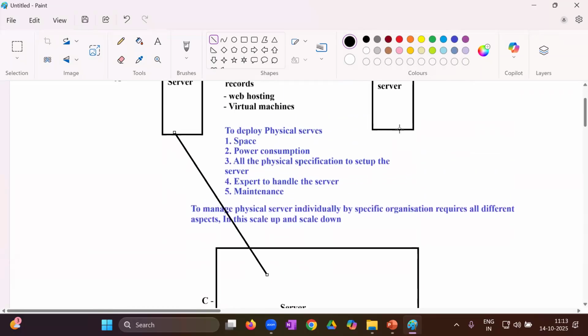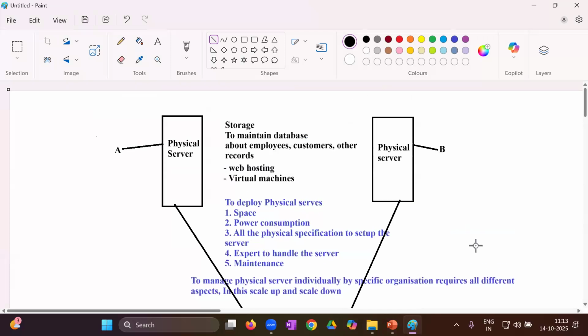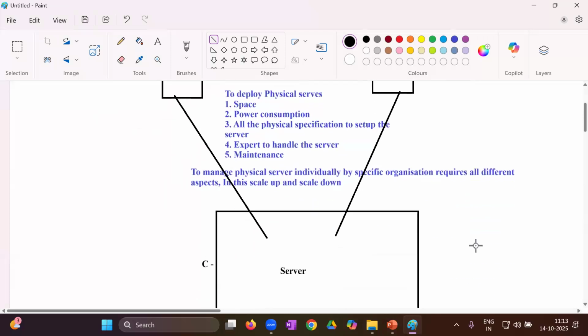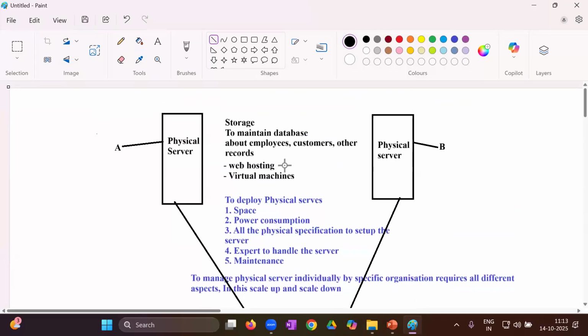Same, it will tell B also that you can do the same thing. Instead of having your own physical servers, you can use my server for hosting virtual machines or for web hosting or to maintain the database of the employees, customers, or any finance database, anything, all the records you can put into my server.